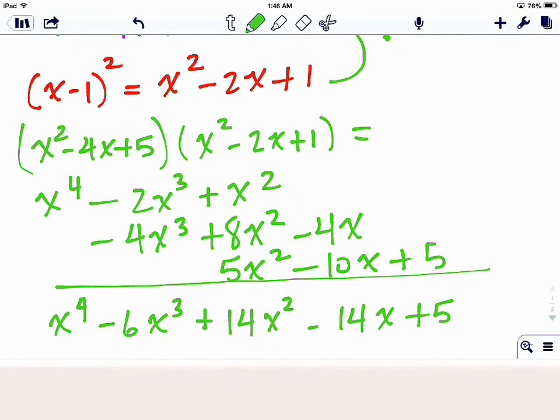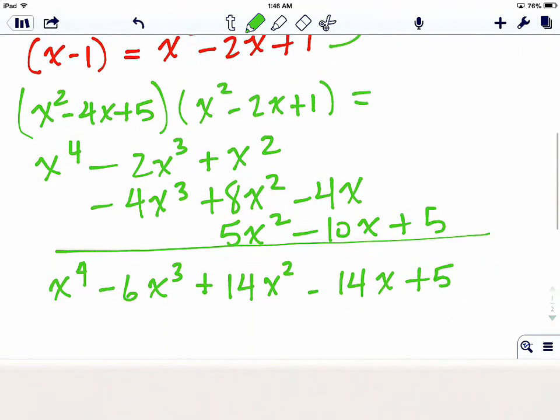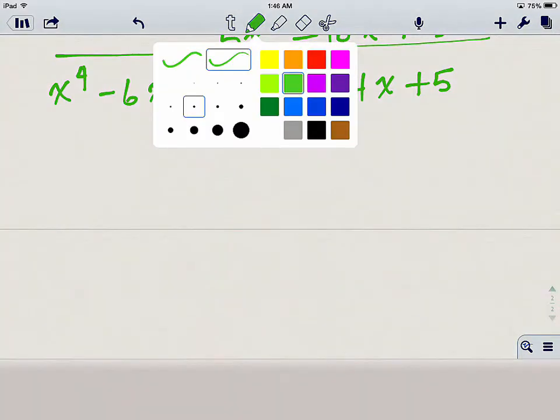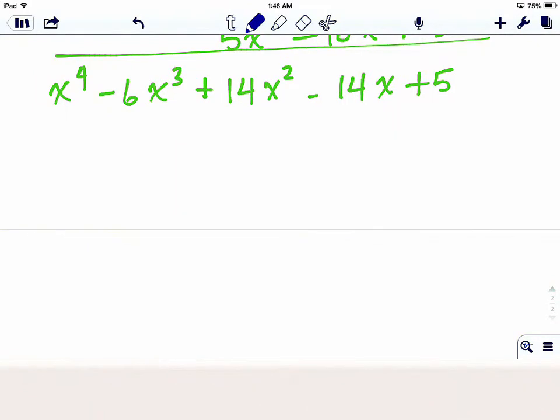We now have a fourth order polynomial that has all the zeros that we need. There's one more zero we have to take into account, and that zero is the crossing zero at -2. The corresponding factor for that crossing zero is going to be x plus 2, so we now need to multiply this big polynomial by x plus 2. So let's go ahead and do that. Again, we'll have to distribute the x all the way across.